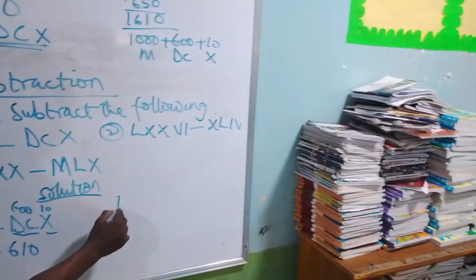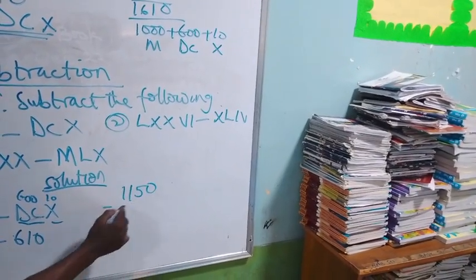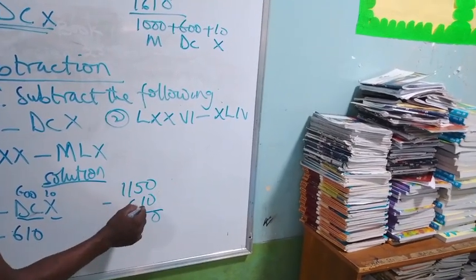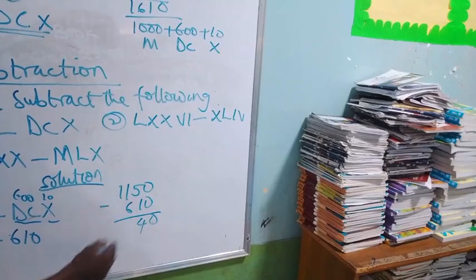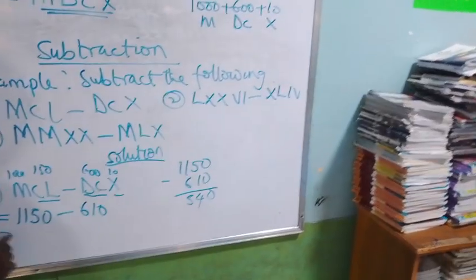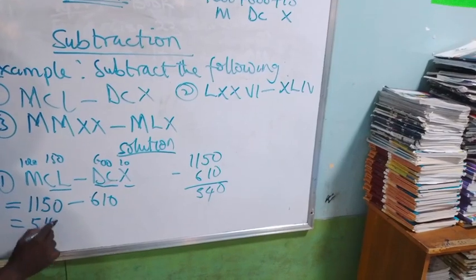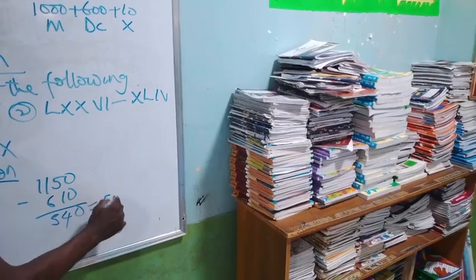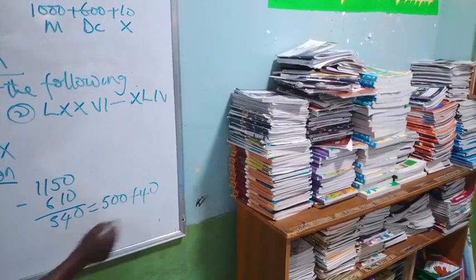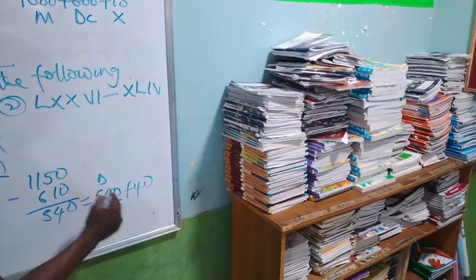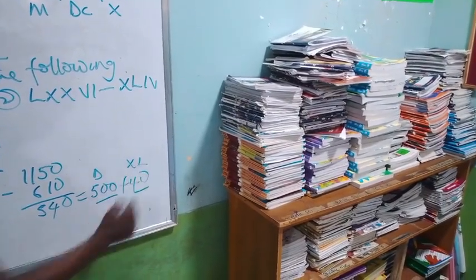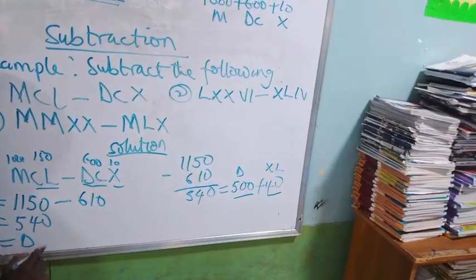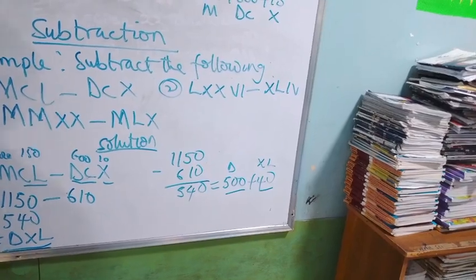So we have 1150 minus 610. 0 minus 0 is 0, 5 take away 1 will give us 4, 11 take away 6 will give us 5. So we have 540, and when we expand 540, we have 500 plus 40. 500 is D and 40 is XL. So when you bring the two together, you have DXL.